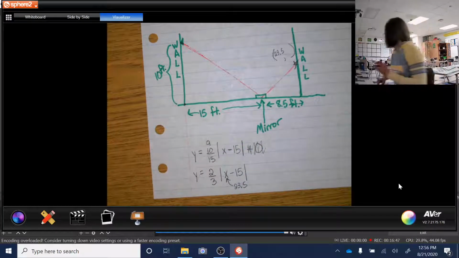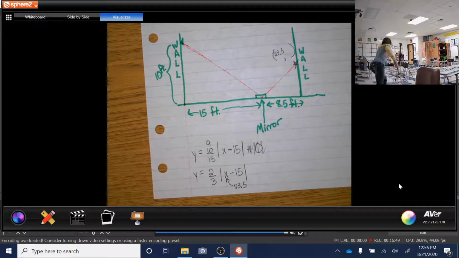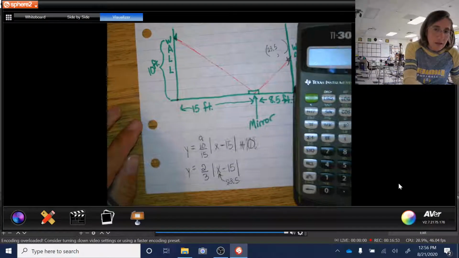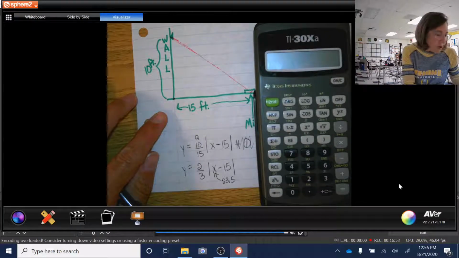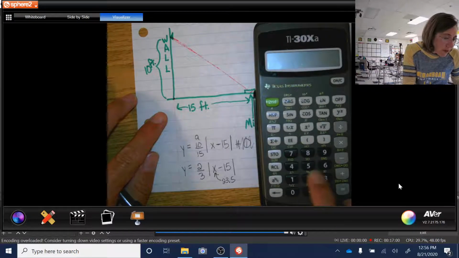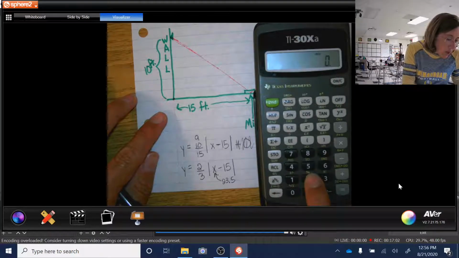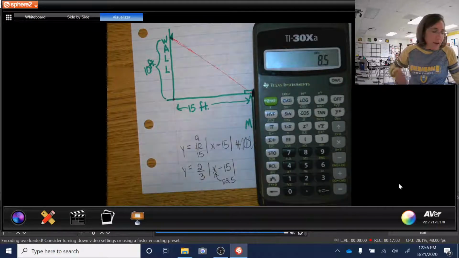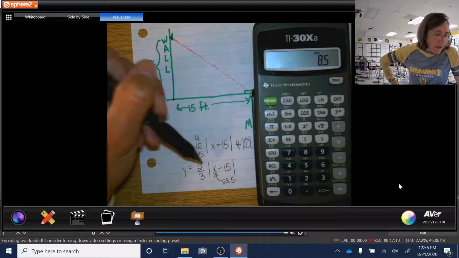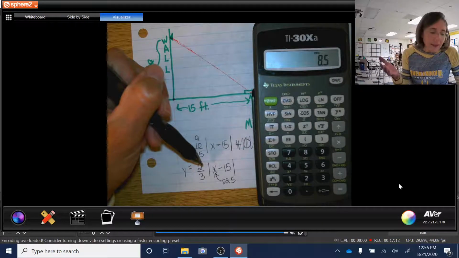So let's see, where's my calculator? I don't know if you'll be able to see this or not. I think it'll show up. I'm going to take 23.5 and subtract the 15, because that's together inside the absolute values. I get 8.5. The absolute value of 8.5 is still 8.5.